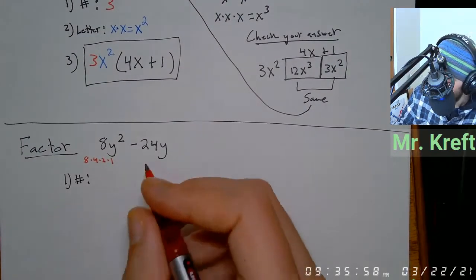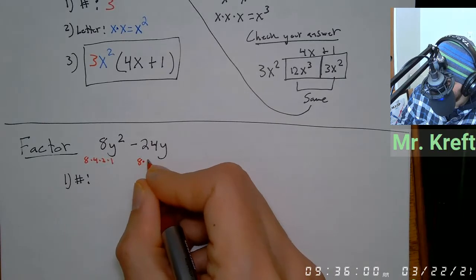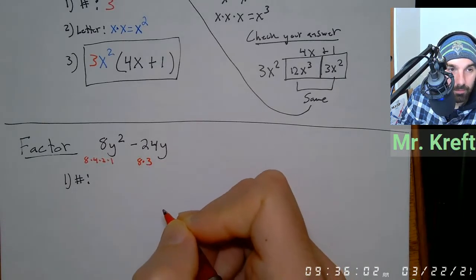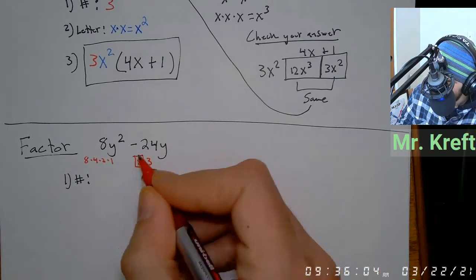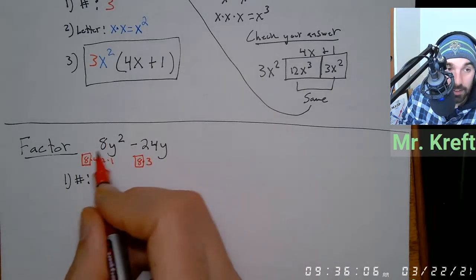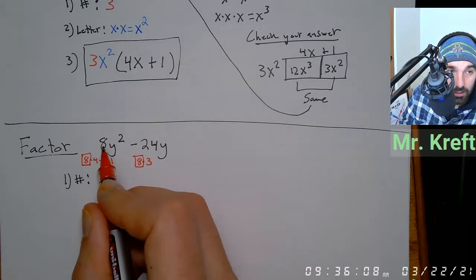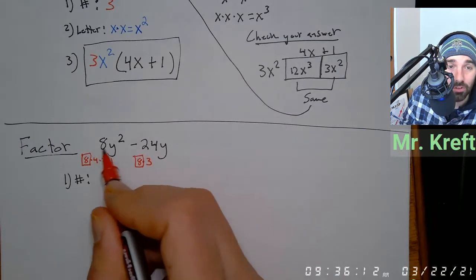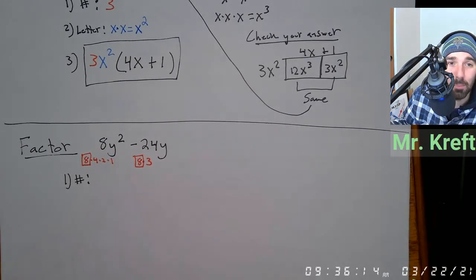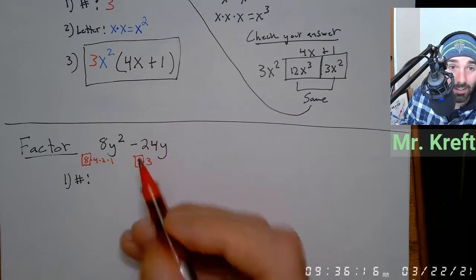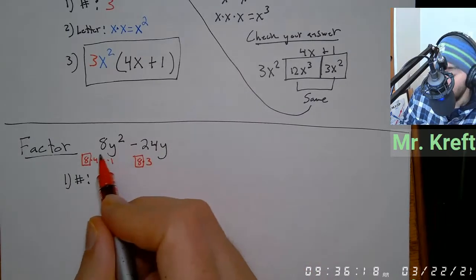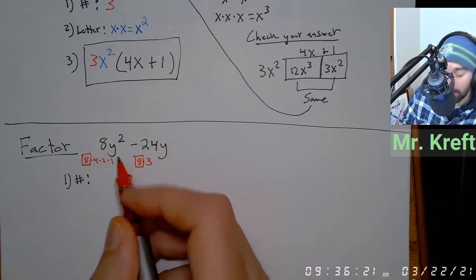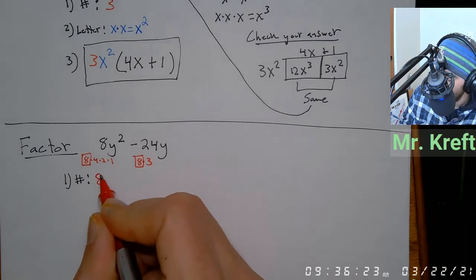So 8 times 3, right? So 8, right? Because 8 is the biggest number that goes in here, then I can just stop. That's why we always start with the smallest number first, because we're looking for the biggest for both. 24 has bigger numbers, but for both of these, my biggest is going to be 8.